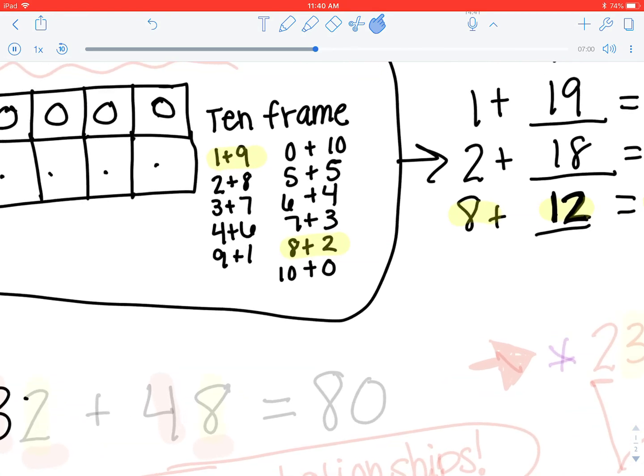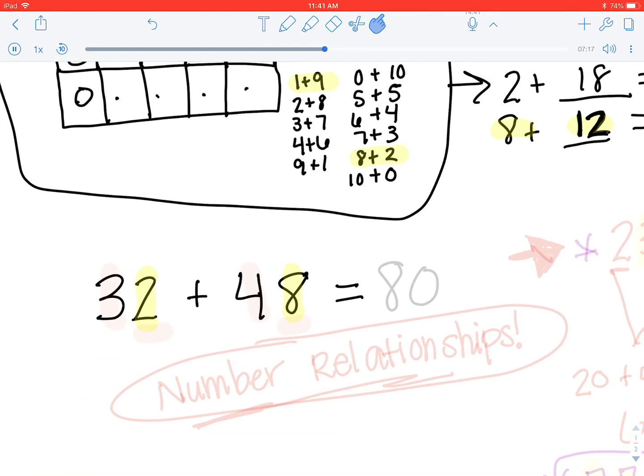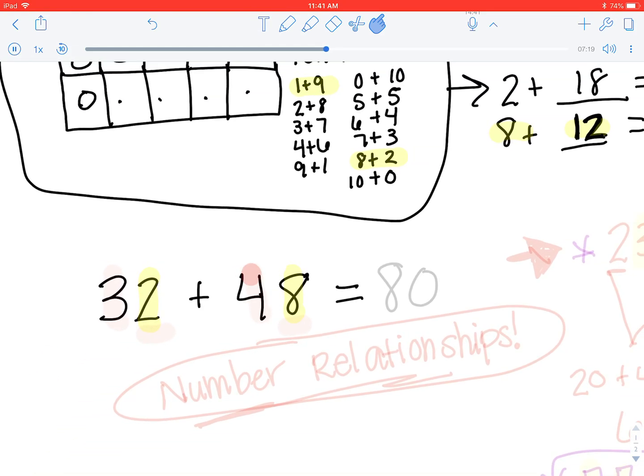For example, if I have 32 plus 48, they should be able to solve this mentally by saying, I know that 8 and 2 make 10, and then I simply add 4 tens plus 3 tens plus 1 more ten with my 2 and 8, and that is 8 tens, so it is 80.